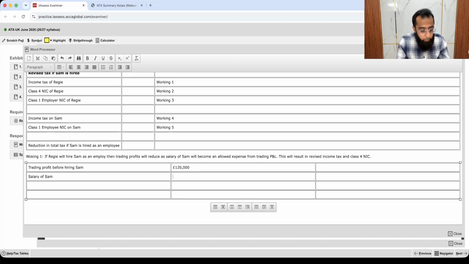Salary of SAM, which will become an allowed expense, is 40,000 pounds. Along with the salary, if we pay any class 1 employer NIC, that also becomes an allowed expense. And then you will get the revised trading profit of Regi's business.